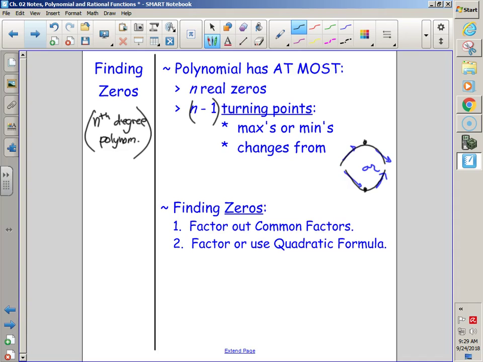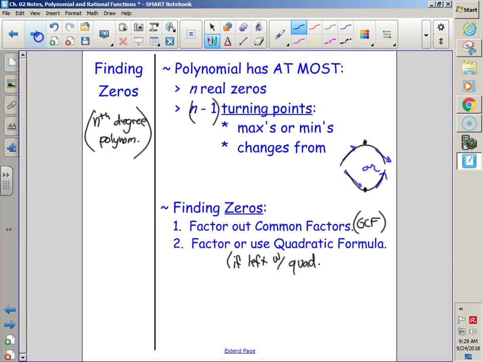However, should you guys be able to play with end behavior, zeros, factoring, etc., of polynomials? Yes. Because some of them are going to be fairly basic where you have some GCFs that you can pull out first for factoring. And then you can use the quadratic formula if you're left with a quadratic.